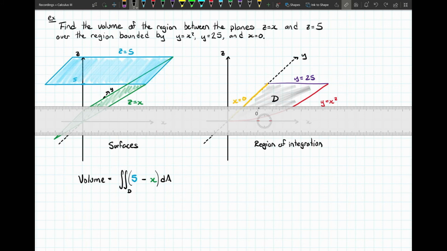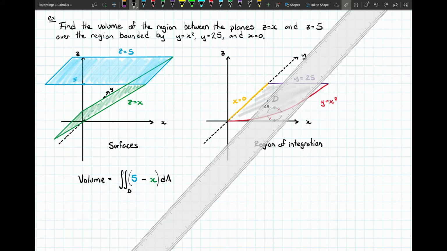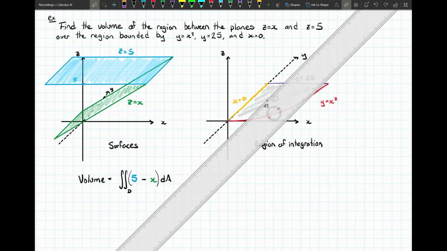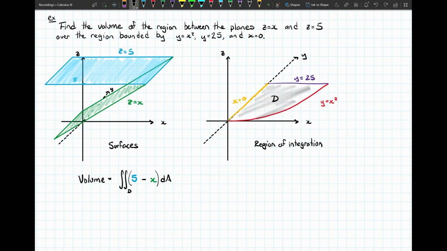So it is consistent, but this function y equals x squared isn't in the form of x equals h of y. So even though it is x simple, it is probably easier to go with a y simple region and try to form an iterated integral of the form dy dx. In this case, x will range from 0, which is this yellow line, all the way up to the intersection point of the purple and red lines.